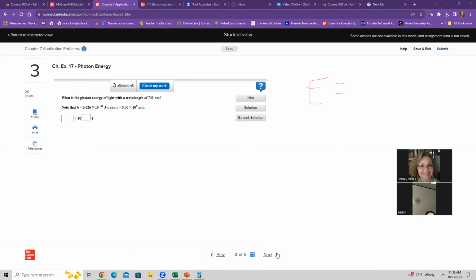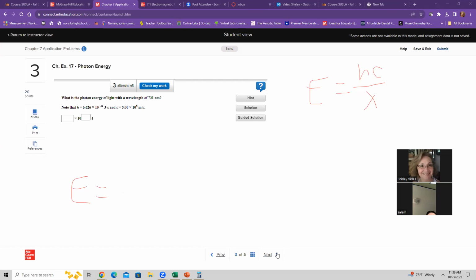So E is equal to hc over lambda. The two constants are on top, and lambda is the 721, but we need to change it to meters because C is in meters. So it's 721 times 10 to the 9th.